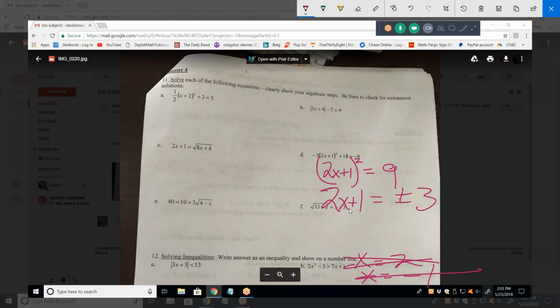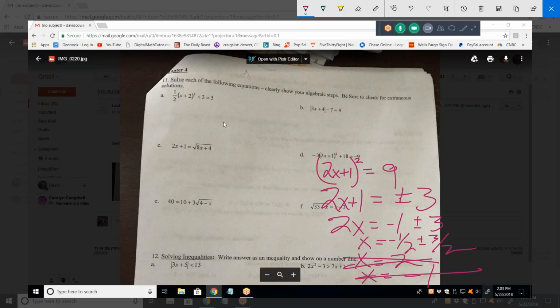And that means that 2 wouldn't work. How did I get 2? 2x equals, I left off the minus sign from the 1. That's why I'm having problems. So x equals minus 1/2 plus or minus 3/2.